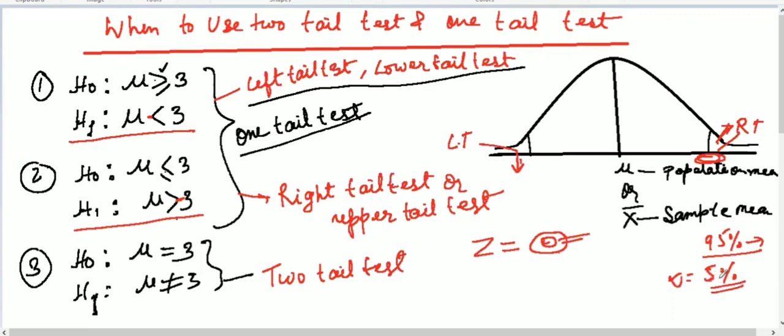So 5% is this area, which is 5 over 100, that is 0.05. From your Z table, you can find the critical value, and your Z score will be compared with this critical value.